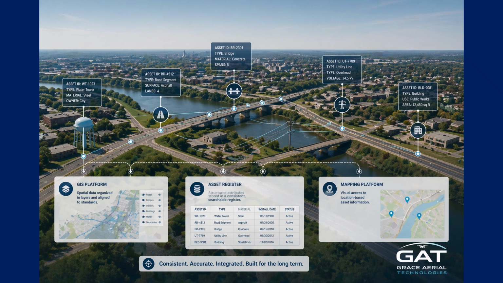These layers can be viewed independently or combined to analyze relationships between assets. Accurate mapping ensures that each GIS layer aligns correctly with real-world conditions, allowing agencies to analyze infrastructure as a whole rather than in isolation.